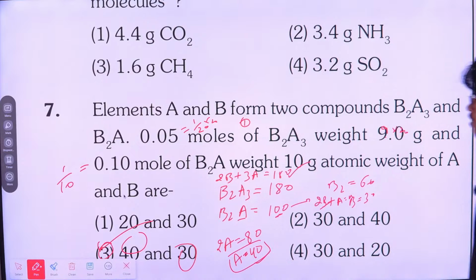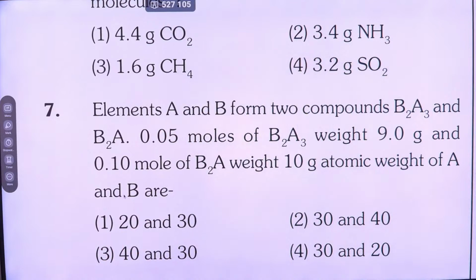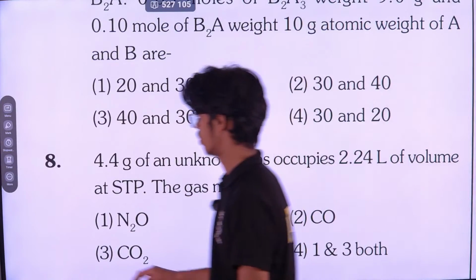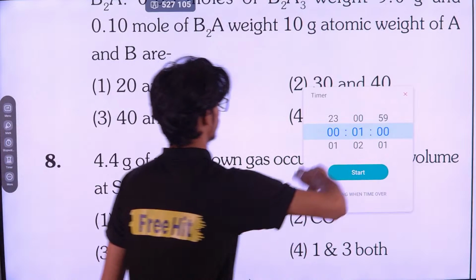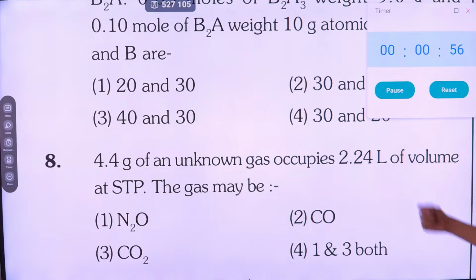Now guys, let's go on to the next problem, question number 8 of the day. 4.4 gram of any unknown gas occupies this much volume. The gas may be, so what is the gas?